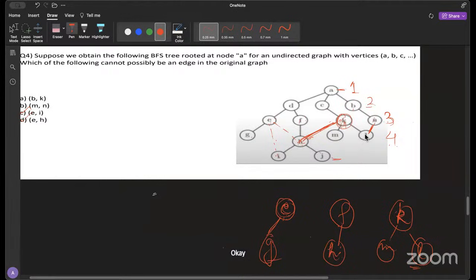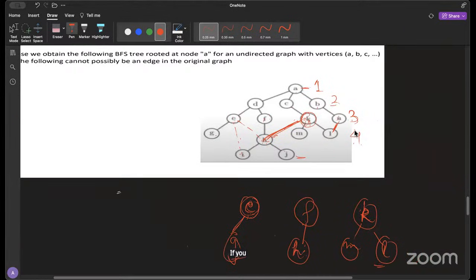If you want to take it as a rule, then if there's a vertex on level N and level N plus 1, then on the nth level, you can connect the vertex to the vertices that are left to it. By left, I mean this left, under K, the left ones. You can connect it to all of these. That's fine.